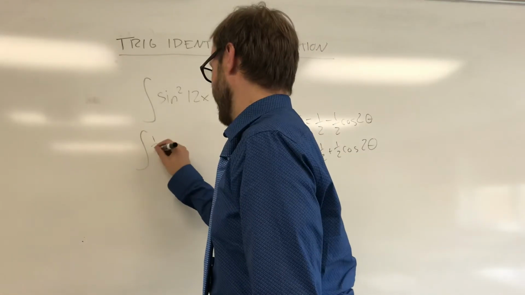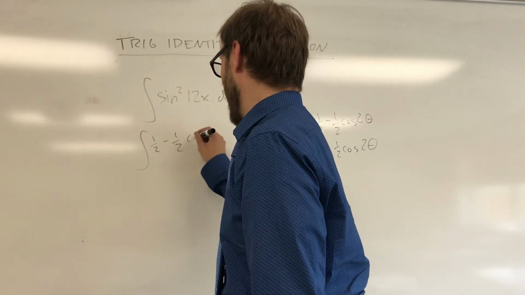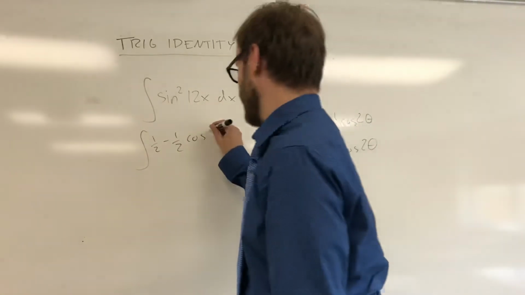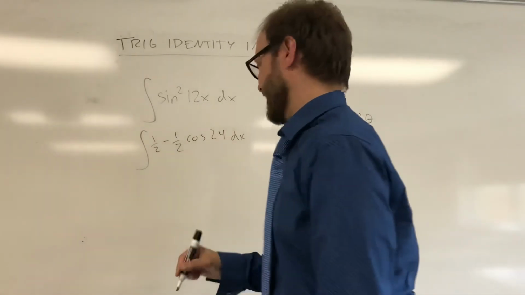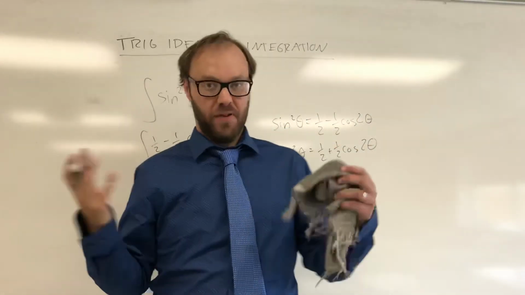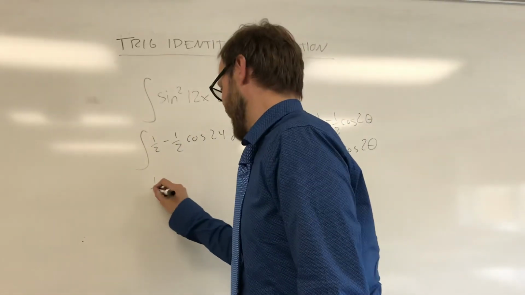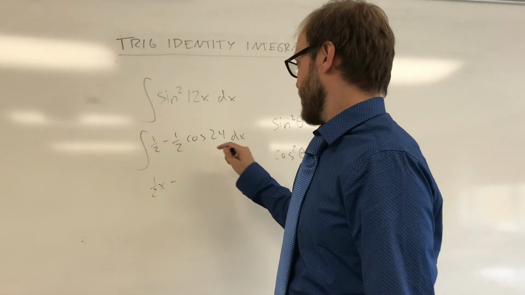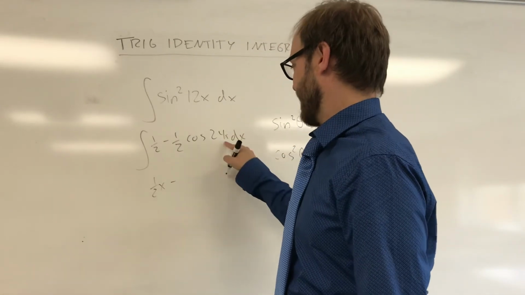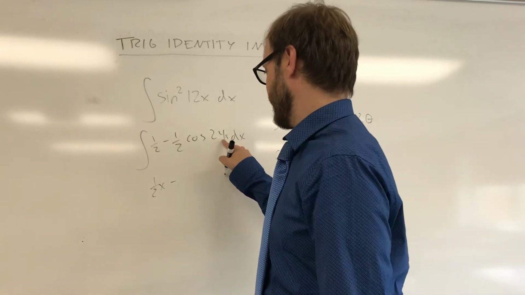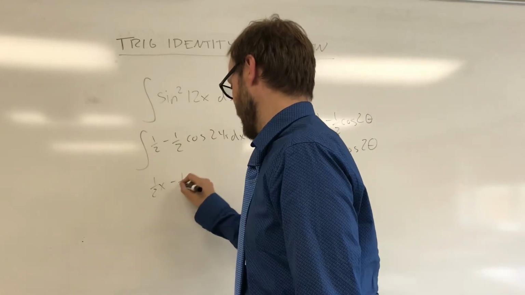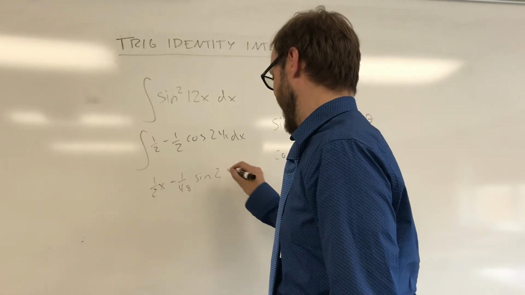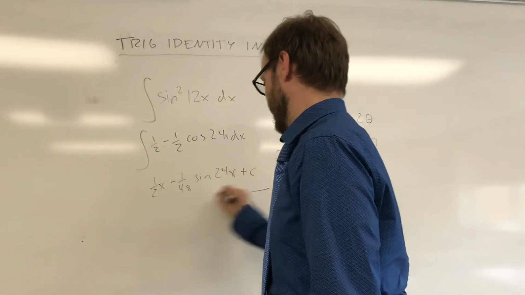That would be 1/2 minus 1/2 cosine, and remember, it's always twice whatever the angle is, so it's cosine of 24x dx. And again, you have to integrate, okay? So it's going to be 1/2 x minus, derivative of the inside function here would be 24, so we're going to have to divide by 24. That would be 1/48 sine of 24x, then plus c.